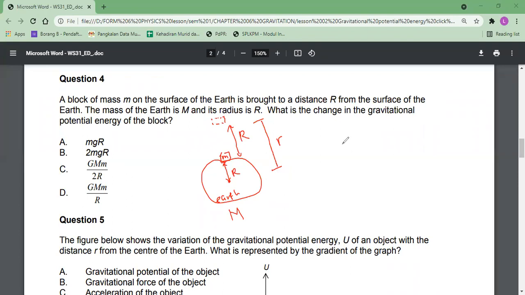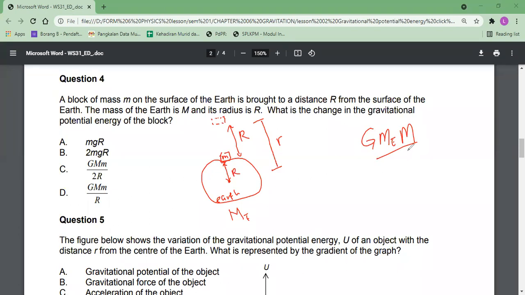Okay, so the gravitational potential energy on the block, first this will be G M, the mass of the Earth, capital M_E, over how much?